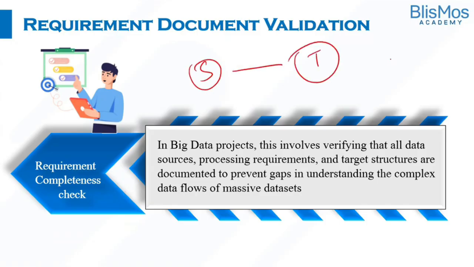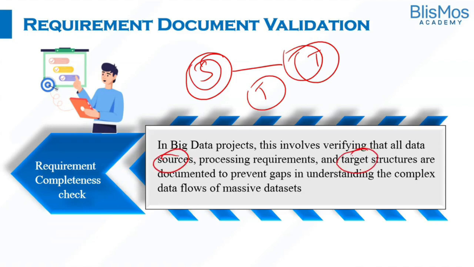Now, when we are trying to get the data from source to target after applying all the transformations, as part of the requirement completeness check, we'll verify that all the sources and targets are fine or not. Have they mentioned all the appropriate sources and targets? And the transformation, all the processing requirements, are they properly documented or not?